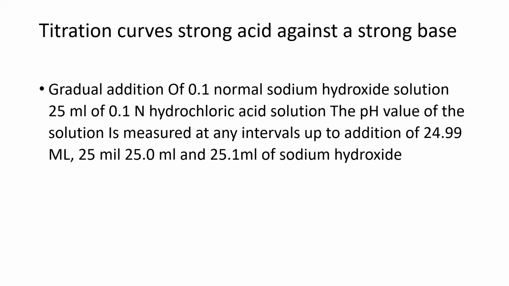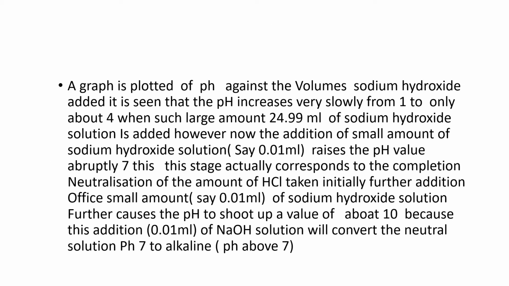The pH value of the solution is measured at intervals up to addition of 24.99 ml, 25 ml and 25.1 ml of sodium hydroxide. A graph is plotted of pH against volumes of sodium hydroxide added.